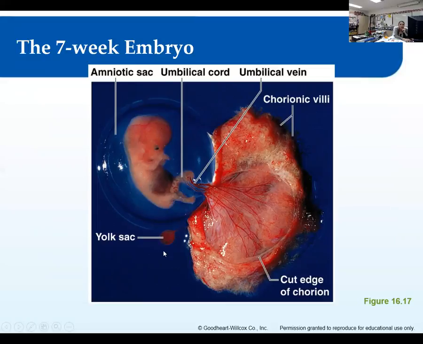The yolk sac, which is just part of that initial bit of cells, goes away. And the umbilical vein is here, kind of where they open this up. You can see the amniotic sac around this one. There, look, fingers and toes, eyes, you can already see it.